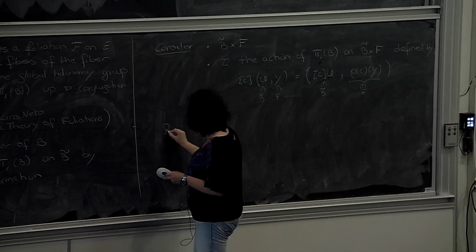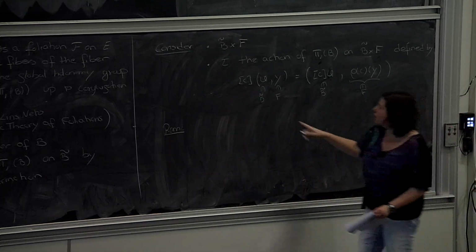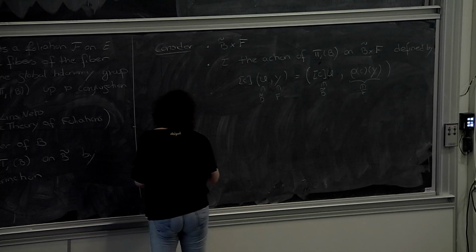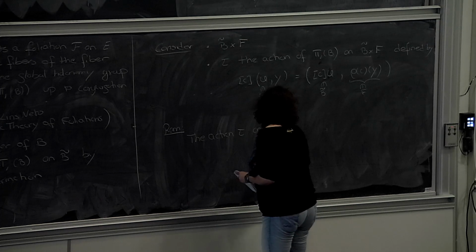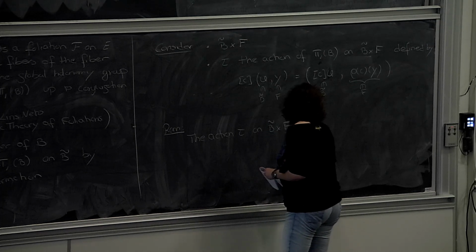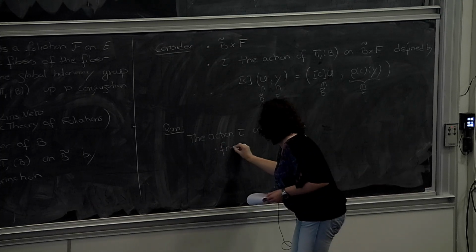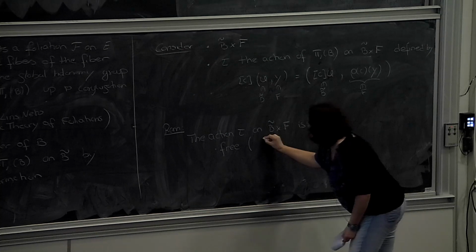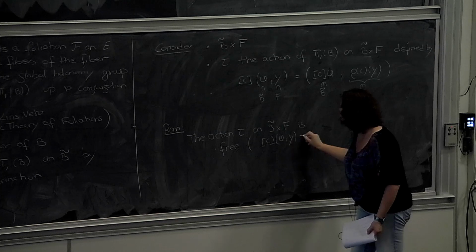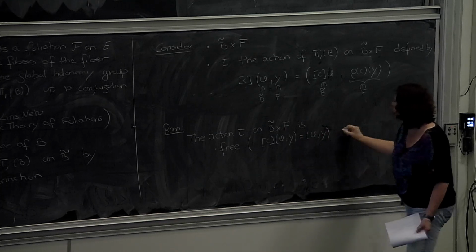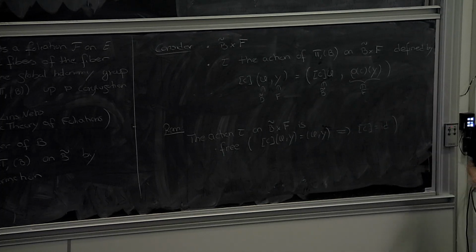Okay, so this action tau on B tilde times F is free, which means that if you take the image by C of a certain point (x, y), and this gives us (x, y), this means that the class of C is just the identity.